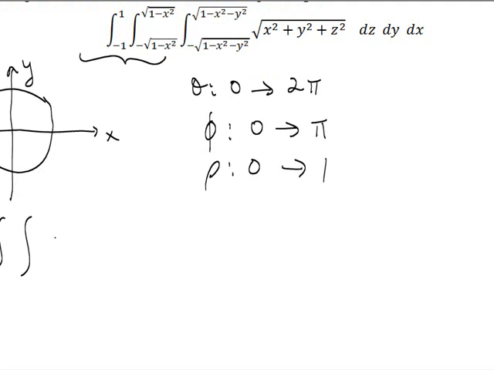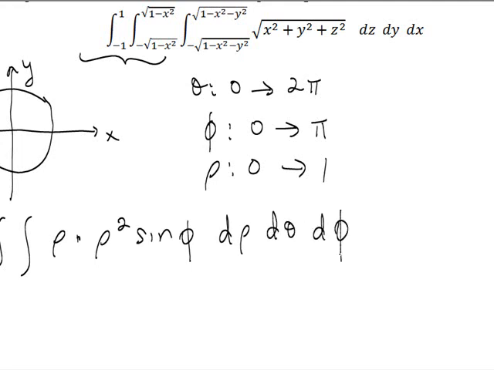Let's get the integrand set up. What is x squared plus y squared plus z squared? Rho squared. So the square root is just rho multiplied by rho squared sine phi d rho d theta d phi. 0 to 1, 0 to 2 pi, 0 to pi.